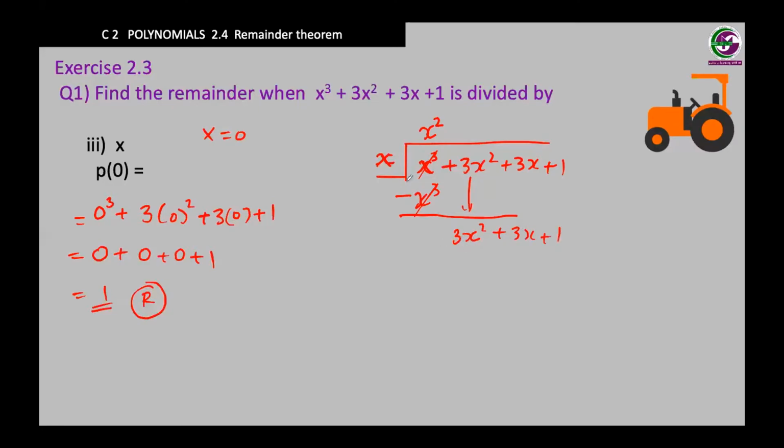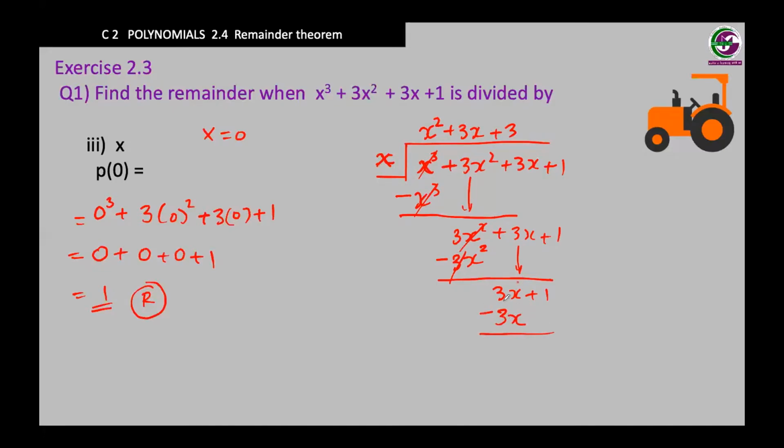Now 3x squared divided by x is 3x only. When you multiply, 3x multiply x is 3x squared. There is only one term, so now change the sign. These two get cancelled. Take it down, 3x plus 1. 3x divided by x is 3. 3 multiply x is 3x.